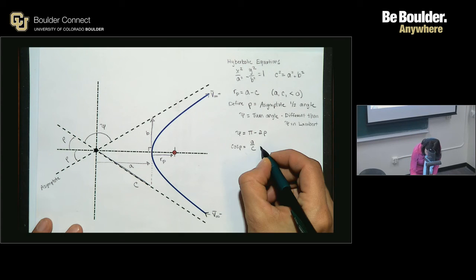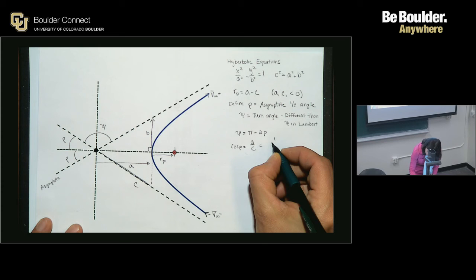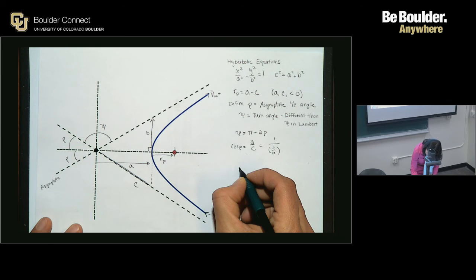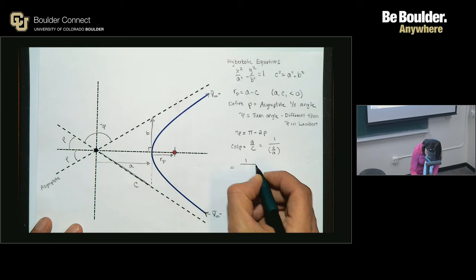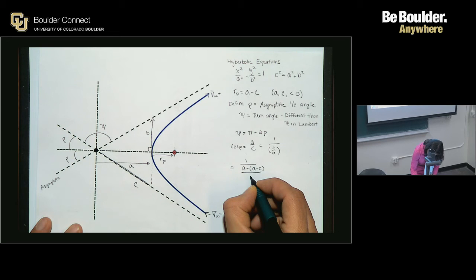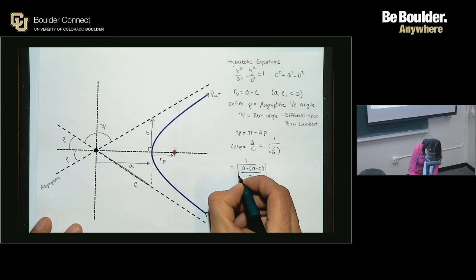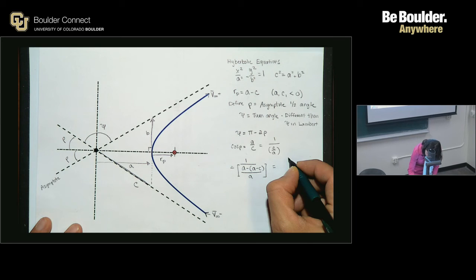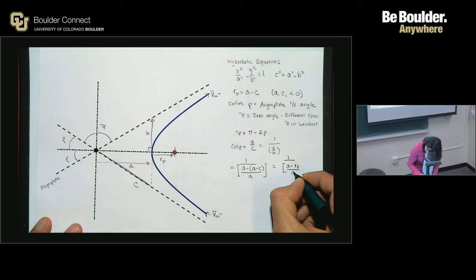So we can now make 1 over c over a, and then do 1 over a minus c over a. So now we've got something in terms of the semi-major axis and the radius of periapsis.